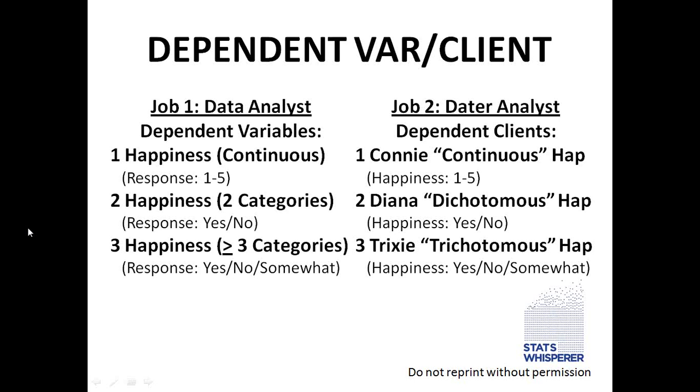And then Trixie, trichotomous happiness, that's what a variable that's been cut into 3 categories is called. So any variable where there's a 3-category response is trichotomous. So Trixie, trichotomous happiness is happy, yes, no, somewhat, right? So kind of either yes or no or kind of neither, right? So those are the focuses of our studies.